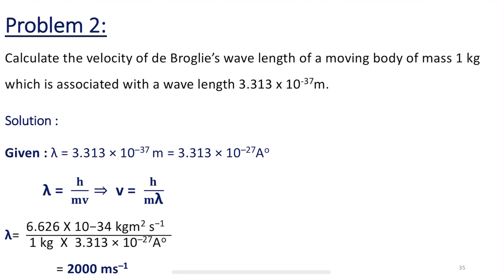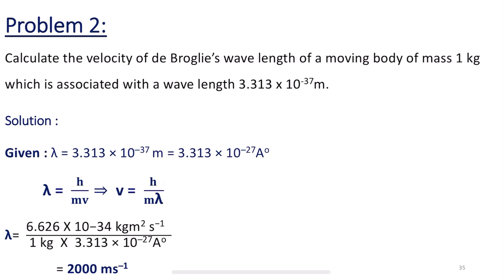So substitute the values in the equation lambda equals h divided by mv. Since we already have the lambda value and we are asked to calculate the velocity, v has to come to the left side. Rearranging the equation, v equals h divided by m into lambda.